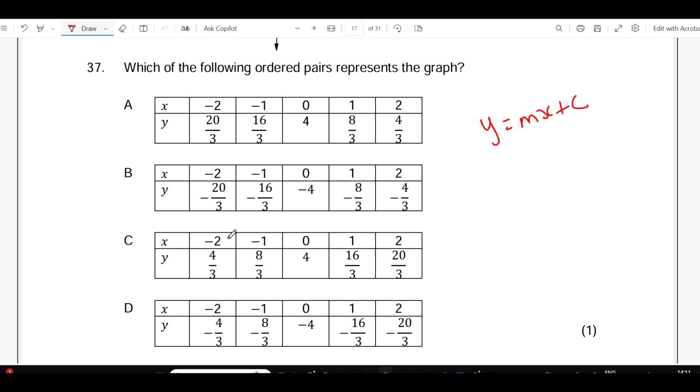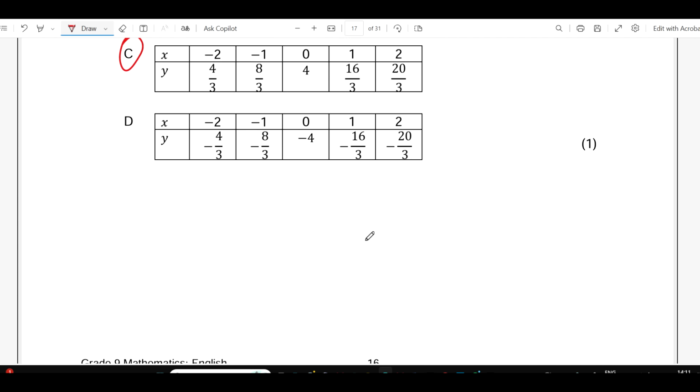For -2, this one can be straight, this one can be straight, and then number C is the correct answer.